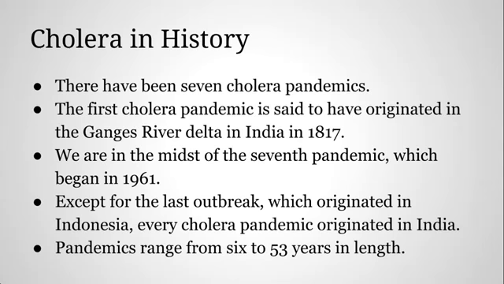I think it has something to do with probably the climate. The 7 pandemics range from 6 to 53 years in length. In 1992, a new strain of cholera, O139, was discovered. It's been identified in 11 countries and is a cause of worry for an 8th pandemic.